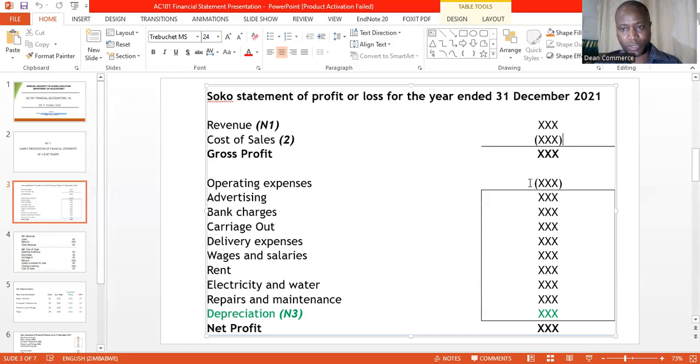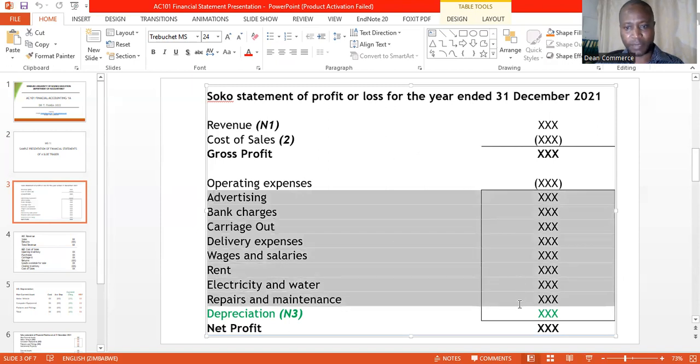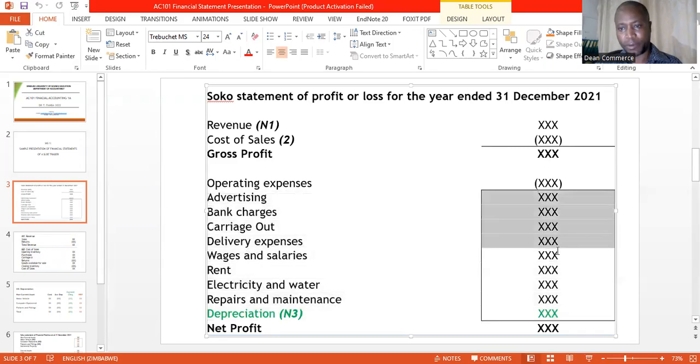We'll get the total of operating expenses, which is the figure we'll insert here. Let us notice that the figure of the operating expenses is coming from these figures here, which I have included in this box, which means that if you add these figures, they will give you this figure here.